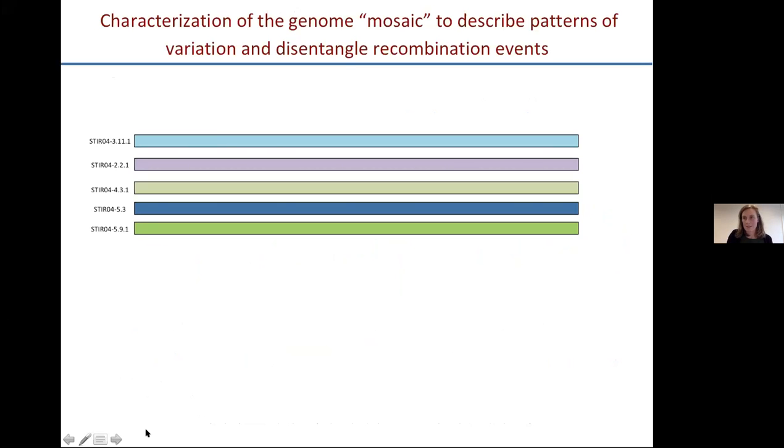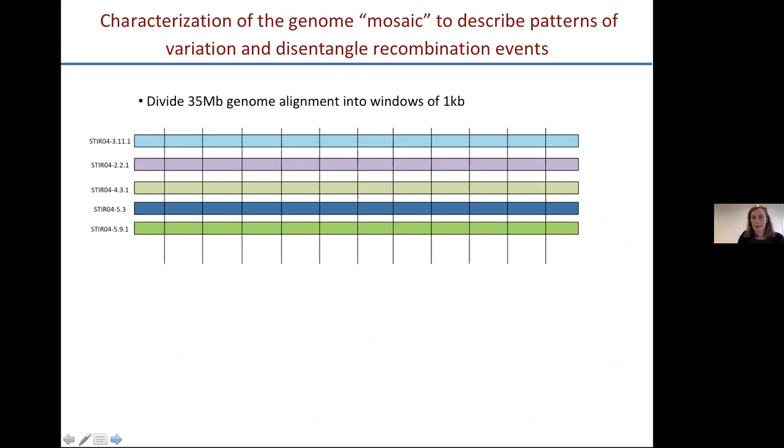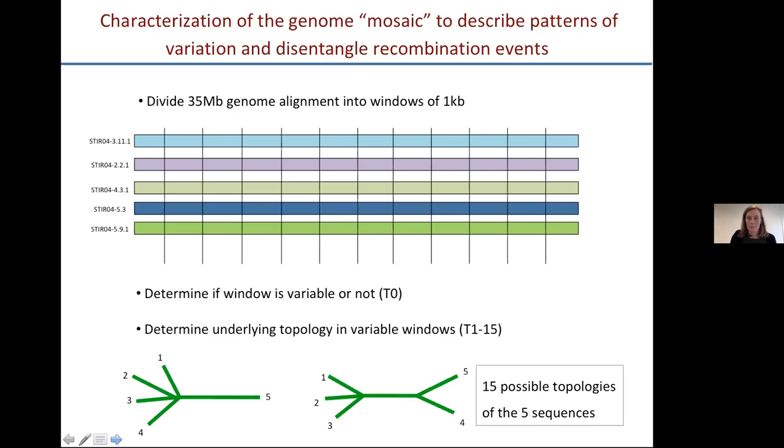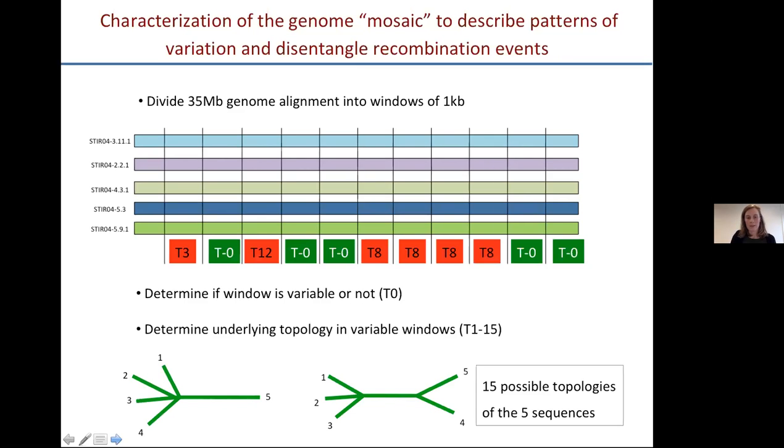To characterize this pattern in pseudotritici with our, at that time, 5 genome sequences in better detail, we chopped up the genome in windows of 1 kb, and for every window, we would characterize if the window was variable or non-variable. For the variable windows, we had a very interesting observation: the variation was always distributed as 2 haplotypes.